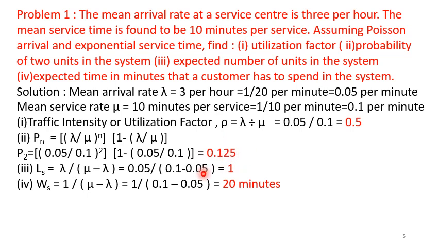The expected number of customers in the system is 1, and the expected time that a customer has to spend in the system is 20 minutes. Please take this into account. This is the application of the measures of queuing.